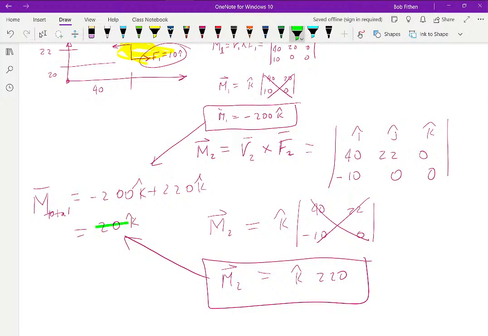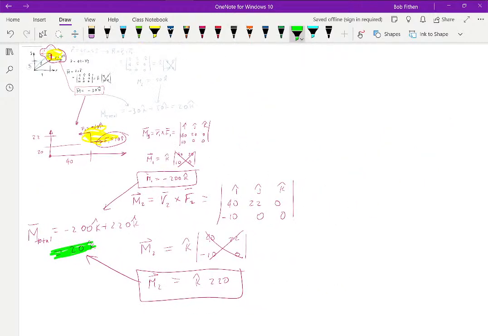Okay, let's look really close at this. You would conclude from this that if I have a couple, in other words, took a force, say on a wheel, and twisted it, there's a twist or a couple here. If I put this on an object, and somebody says, what's the moment of that couple about this location?